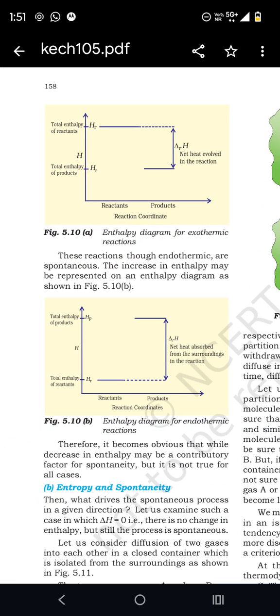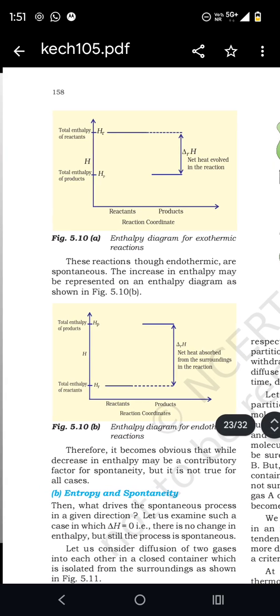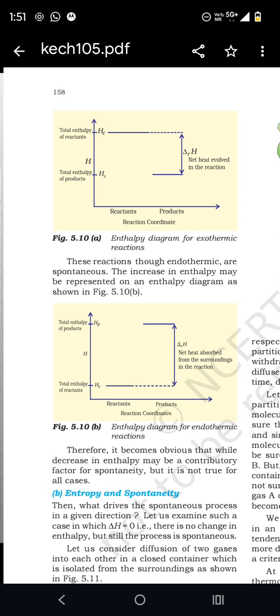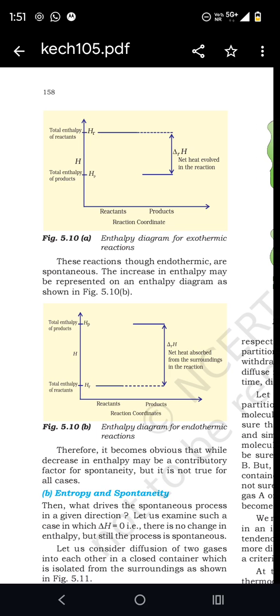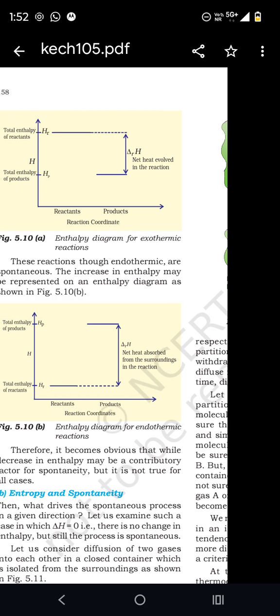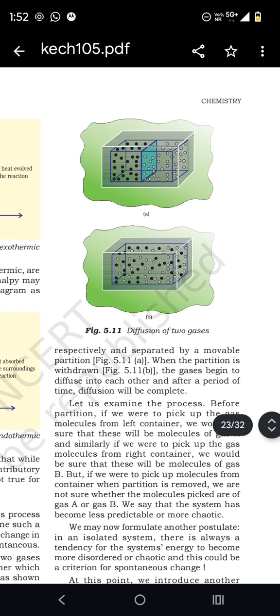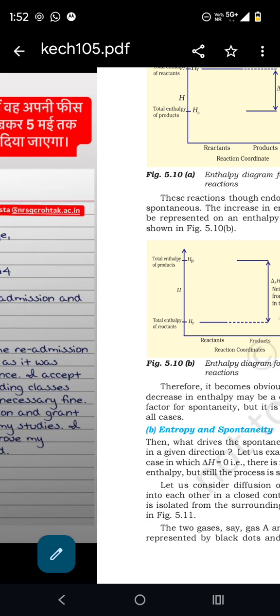Enthalpy diagram for an exothermic reaction. It is a diagram for the enthalpy of an exothermic reaction. It is a diagram for an endothermic reaction, and it is a diffusion of two gases in different forms.